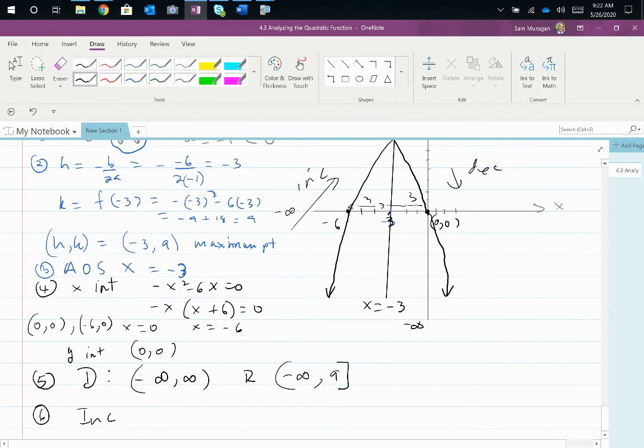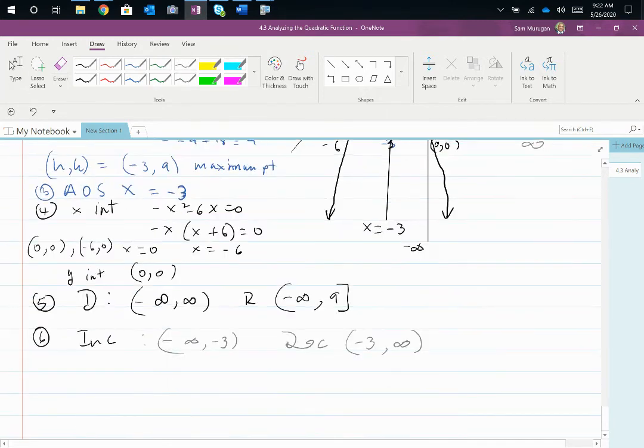So increasing from -infinity to -3, always parentheses, and then decreasing from -3 to +infinity. Remember, we're taking intervals on the x-axis.